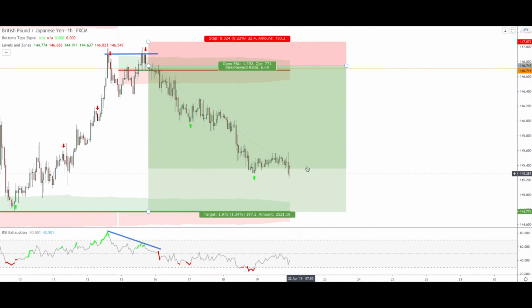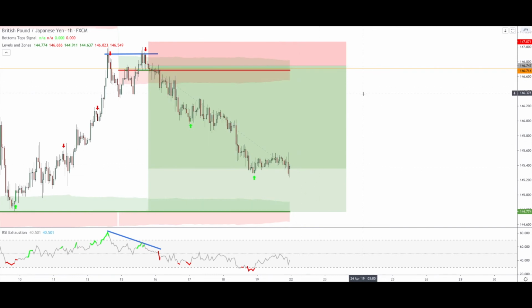Right now that the price is way lower, I moved my break-even point approximately here. This is in my trading account, so my new break-even point is here.